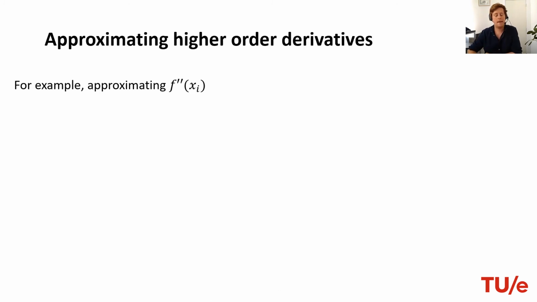A question that has remained unanswered so far is, instead of approximating the first order derivative, how do we approximate higher order derivatives? For example, what do we do when we want to approximate the second order derivative f double prime at a point xi within its domain?